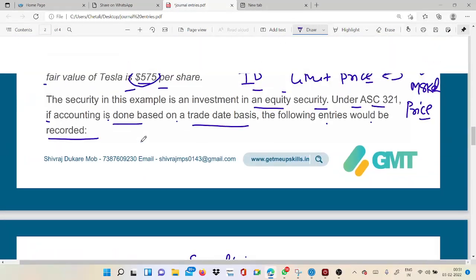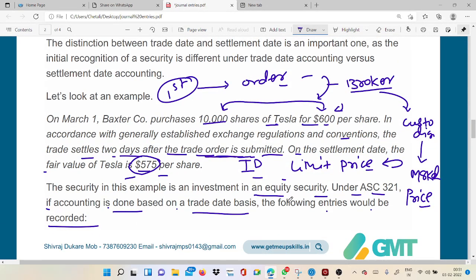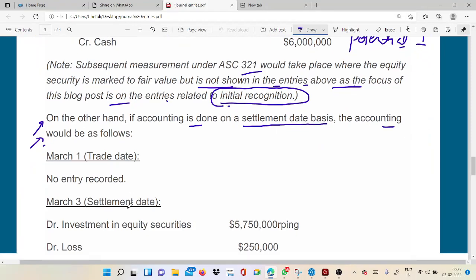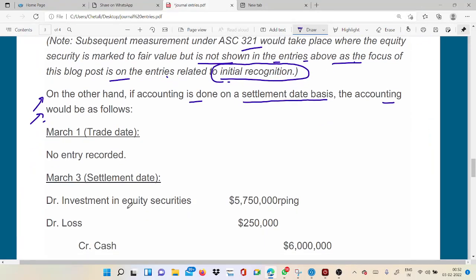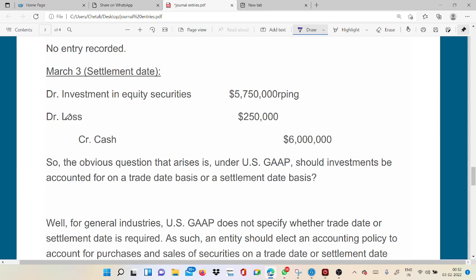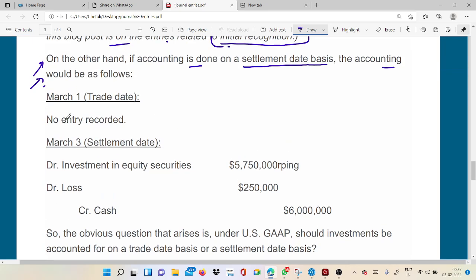So this was the example that we discussed for the trade date, right? Then if we follow the recognition term and consider the settlement date basis, what would be the accounting entry? Here the entry would be, see this, on T plus 2.